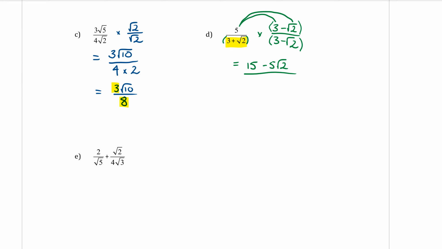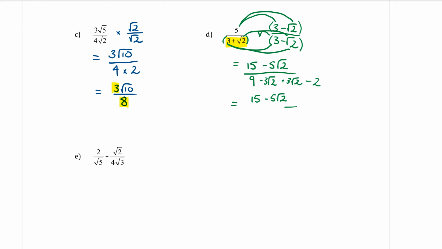So doing the full FOIL expansion, I do 3 times 3 is 9. So that's the first. Then the outside, 3 times minus root 2 is minus 3 root 2. Then the inside, root 2 times 3 is 3 root 2. And then last, root 2 times minus root 2 makes minus, the square roots disappear, 2. Then we can't simplify anything on the top, so we have 15 minus 5 root 2.